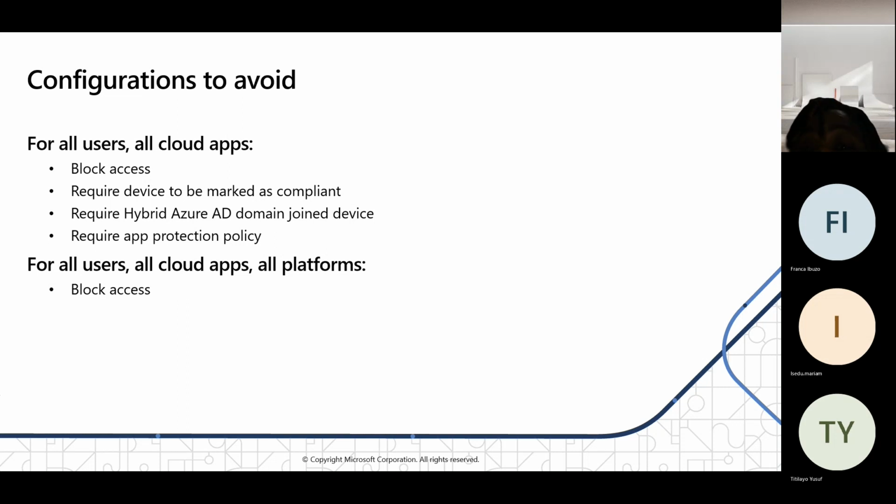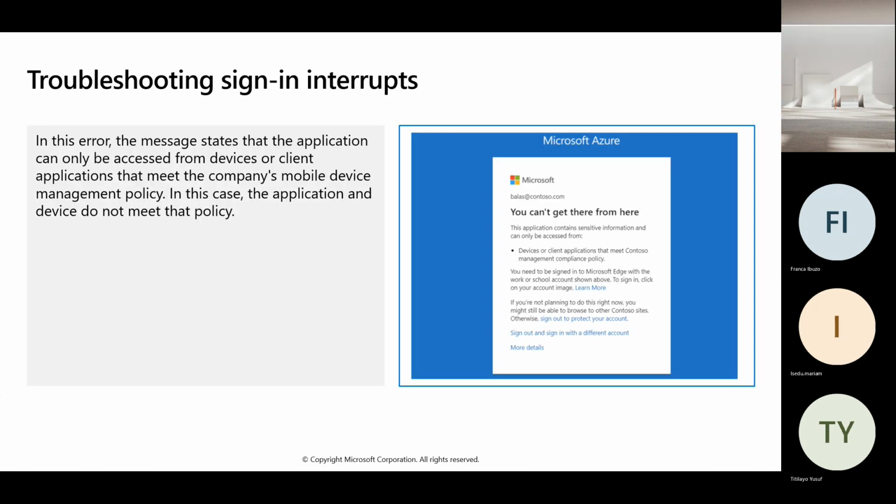So it's good to create groups and match your adoption to those groups. And once you have reached the required coverage, then you can either switch the group to all users, or you create a group specific to that policy and every user is there. So block all, we don't recommend it. If not, you are going to block everybody out.